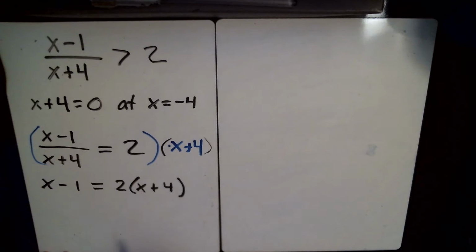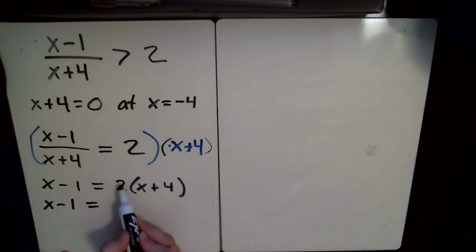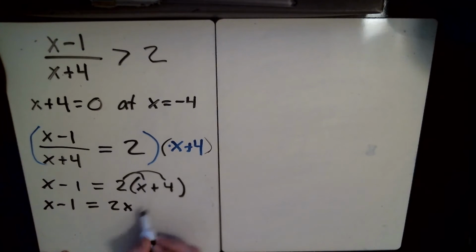So now I just solve for x. This is a linear equation, shouldn't be too hard. I'm just going to distribute in my 2. So I get 2x plus 8 there. I'm going to get all my x's to the same side. So maybe I'll start by adding 1 to both sides here.